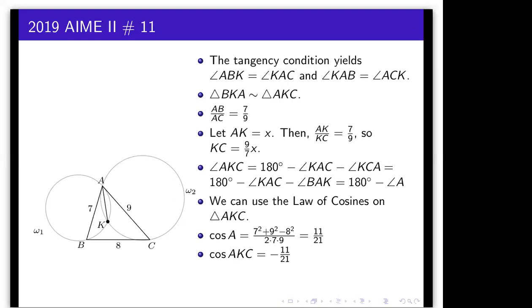Now we just apply the law of cosines to triangle AKC. We get x squared plus 81/49 x squared plus 2x times 9/7 x times 11/21 equals 81. The whole left side simplifies to 4x squared, so we can solve for x. We get x is 9/2. And our final answer is 11.